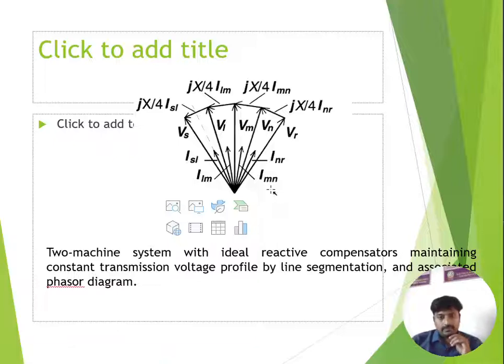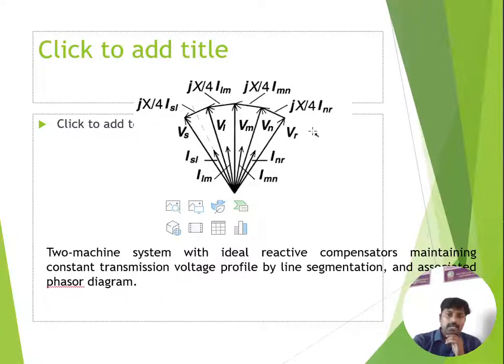In this, you can clearly see that Vs and Vr are separated by a delta angle. In between, at equal distances, we are placing Vm, and in between Vs and Vm we are placing Vi. In between Vm and Vr we are placing Vn. So the currents are represented as ISI, IIM, IMN and INR in between them.